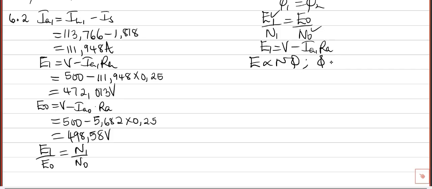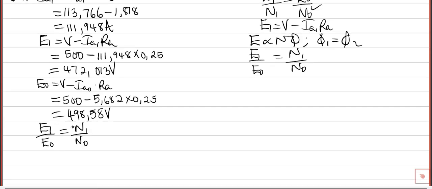We said flux 1 is the same as flux 2 only because they did not mention anything about useful flux. Therefore, originally I was supposed to write this formula as E1 over EO equals N1 over NO, which alternatively you can write in this manner. As we are looking for N1, you cross multiply: N1 equals E1 times NO over EO.